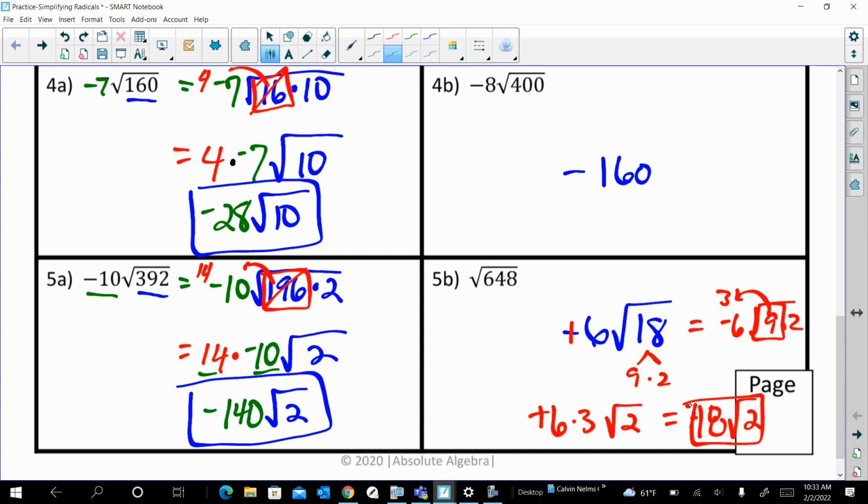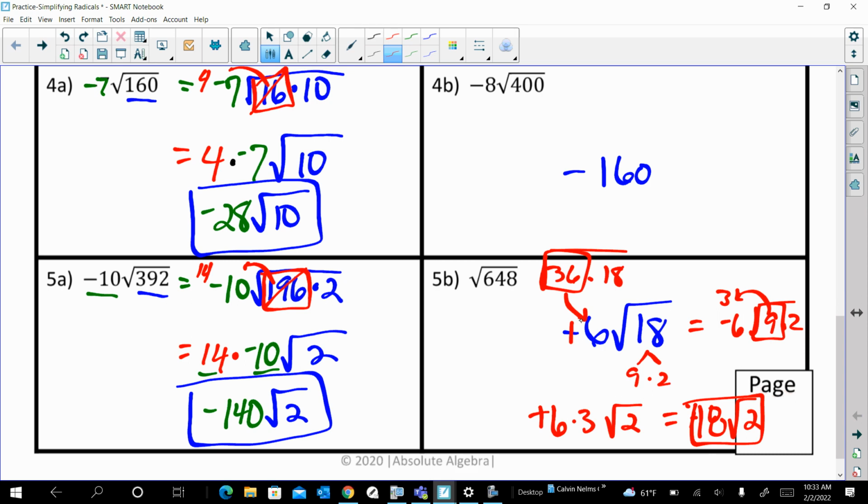What were your 2 factors you used at first? What were your factors? Nadia, what were your factors when you did number 5B? Yeah, it was 36 and 18. 36 times 18, which was the perfect square, which is how I got 6 on the outside.